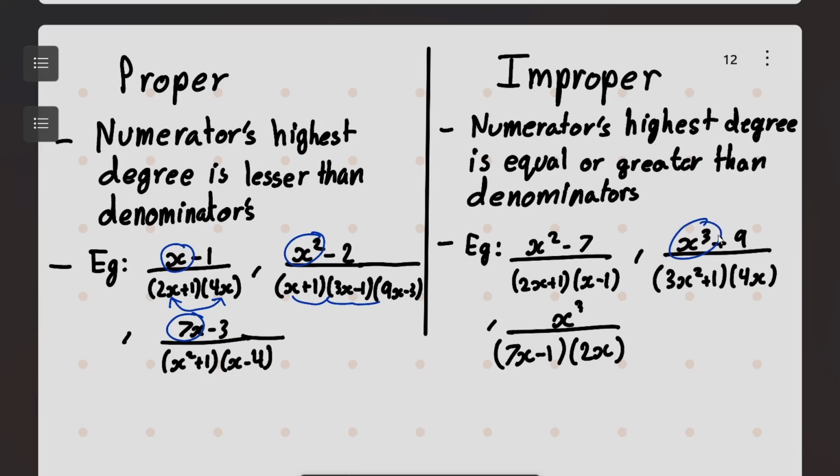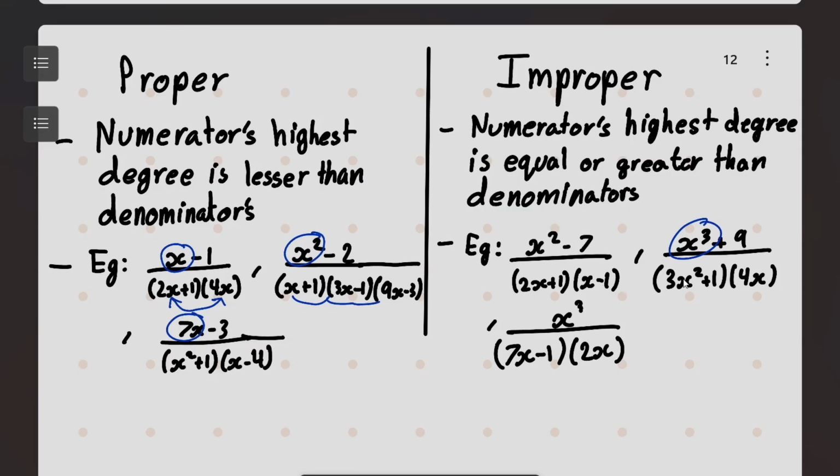And since you have an x cubed here, this means that the highest degree of power in the numerator is 3. And in the denominator, you have 3x squared times 4x, which is going to give you 12x cubed. So they're equal again. And over here, you have x cubed on the numerator, so the degree is 3. And 7x times 2x is 14x squared. So the degree of the numerator is greater than the degree of the denominator.